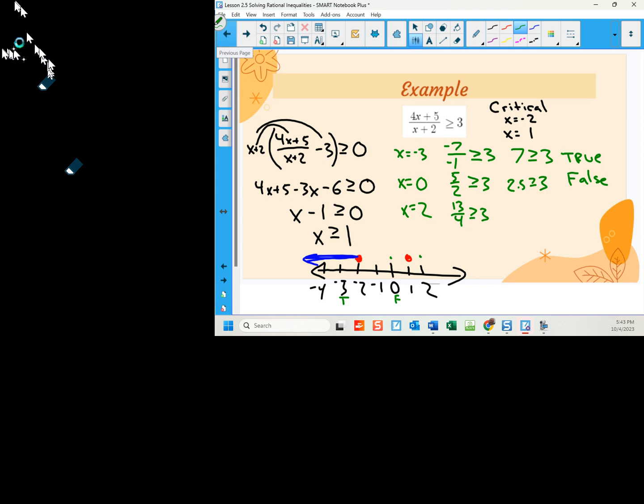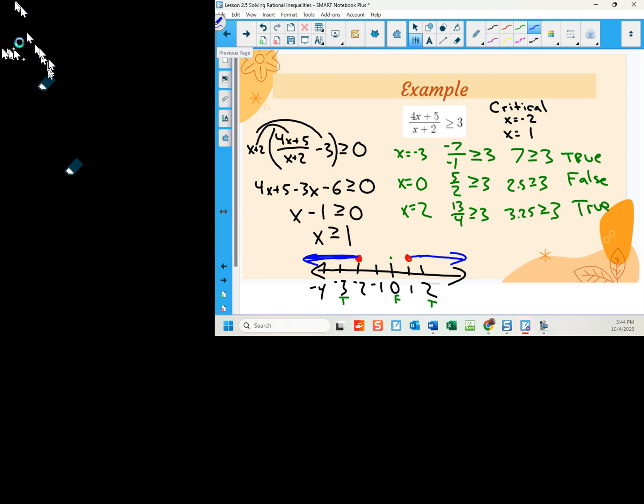Is 13 over 4 greater than or equal to 3? 13 over 4 is really 3 and 1/4, or 3.25, which is greater than or equal to 3. That's true. 3 and 1/4 is greater than 3, so that's true. That was when I put in 2, so that means I do shade towards that.